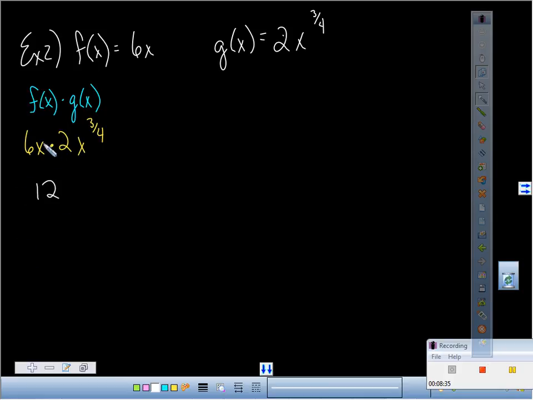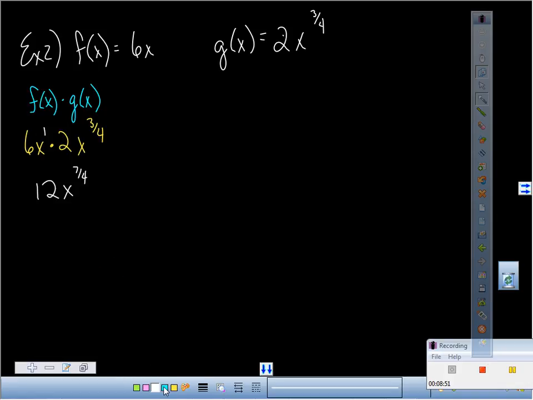If this doesn't have an exponent, can I write a 1 right there? Okay. When you multiply, what do you do with your exponent? Add. So what's x to the first times x to the 3/4? x to the 7/4. 1 is 4/4. 4/4 and 3/4 make 7/4. That's not too bad, is it?